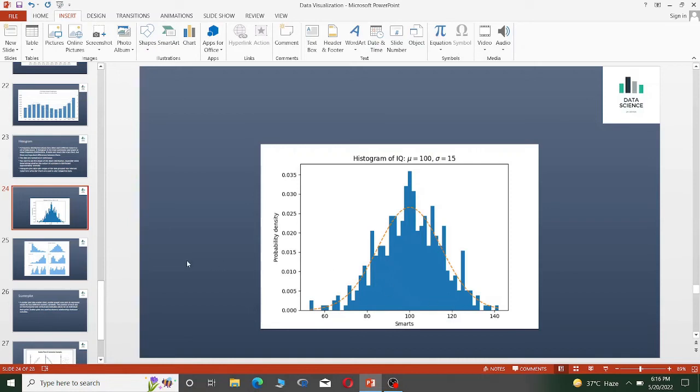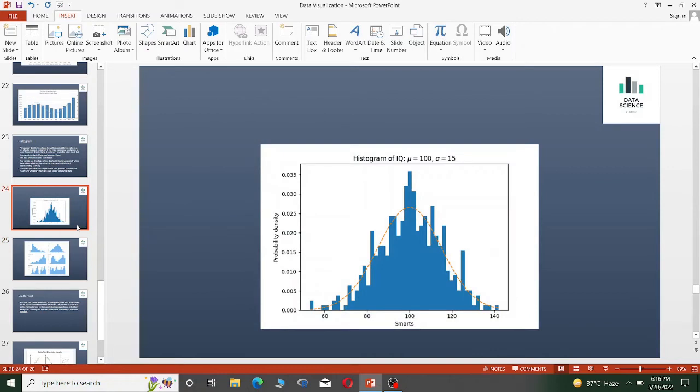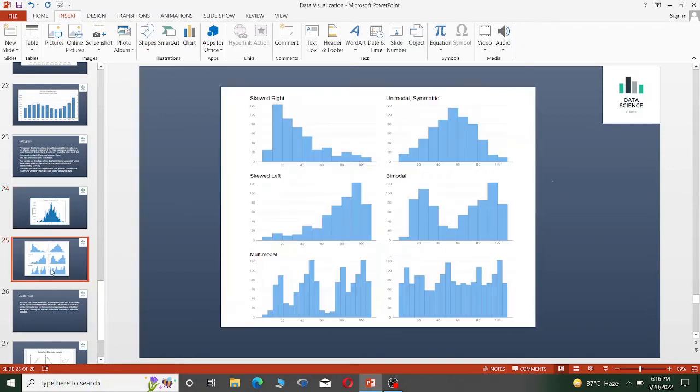Let us look at different types of histogram. One histogram we have seen here. It was properly symmetric and hence known as normal. Now here, suppose a histogram is showing a skewed distribution, like in the earlier one, on the x-axis it is very high at the start, and while moving ahead, it is getting lower.